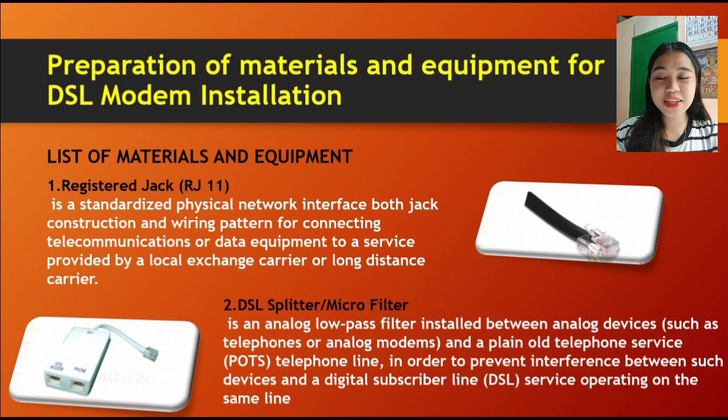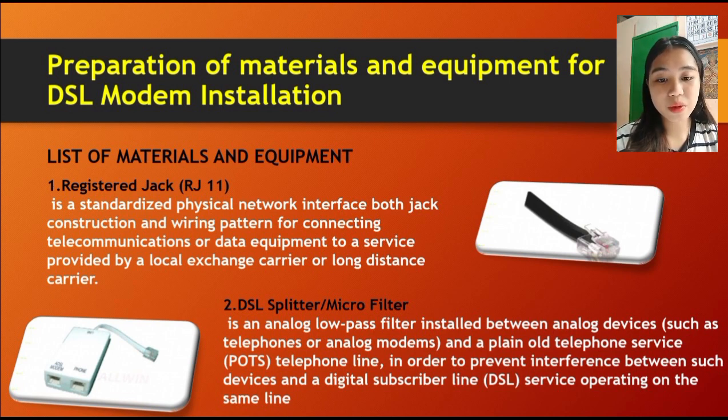So now let's proceed to DSL splitter or microfilter. The DSL splitter is an analog low-pass filter installed between analog devices, such as telephones or analog modem, and a plain old telephone service, also known as POTS, telephone line, in order to prevent interference between such devices and digital subscriber line services operating on the same line.